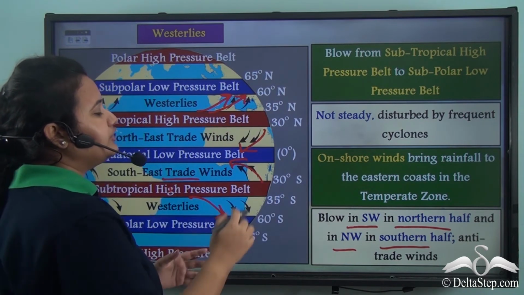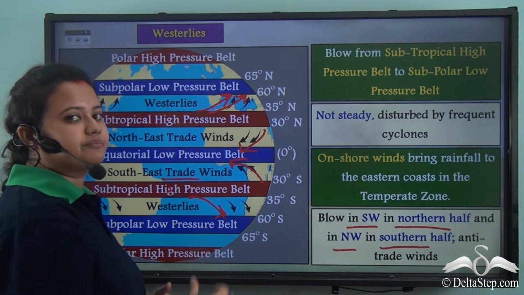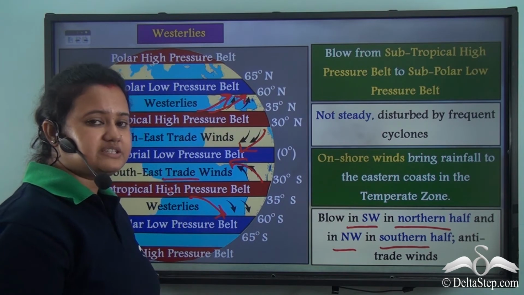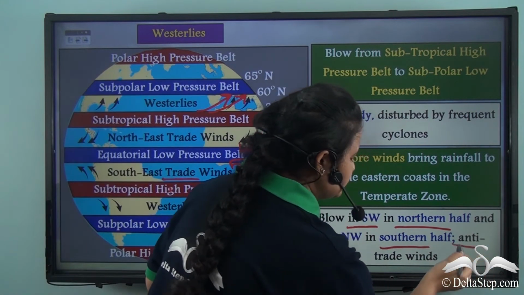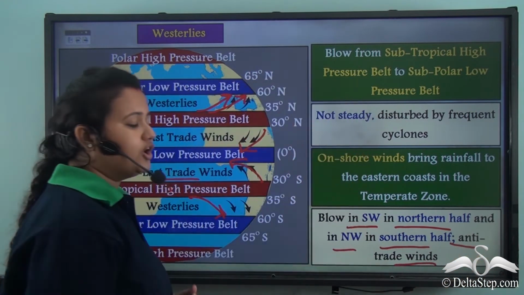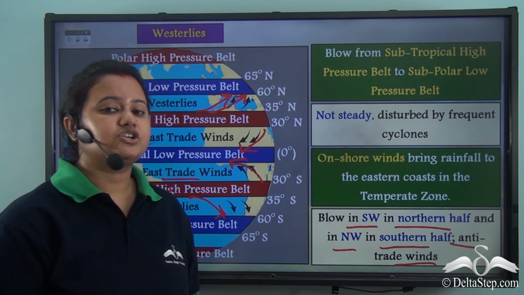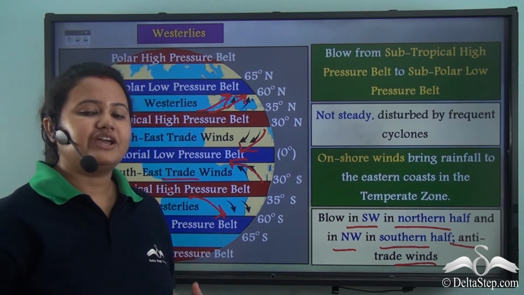So they move in opposite directions, and due to this reason westerlies are also known as anti-trade winds, because they flow in a direction opposite to that of trade winds.